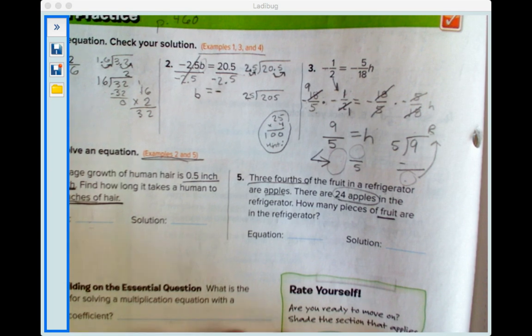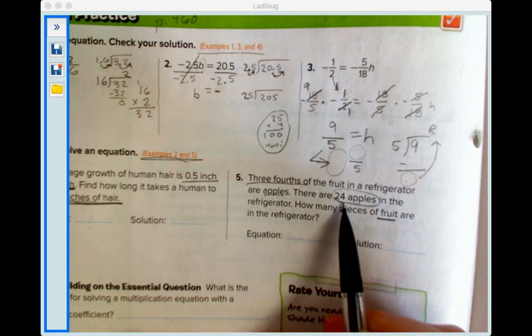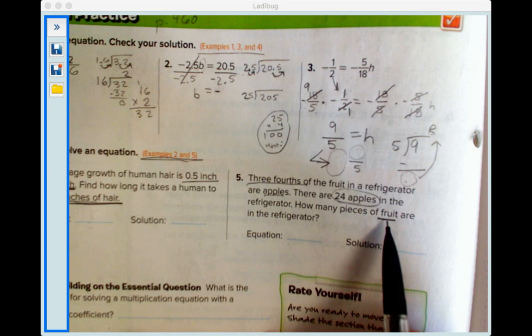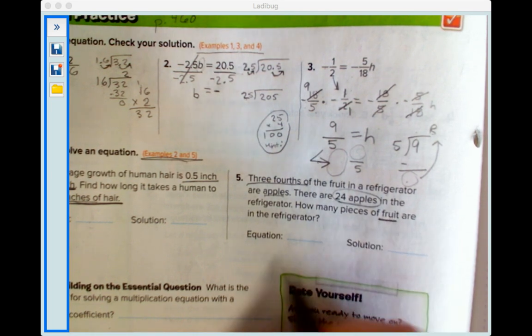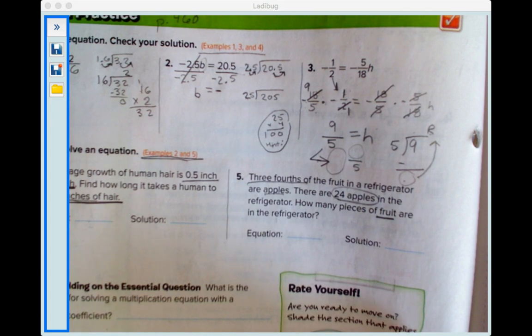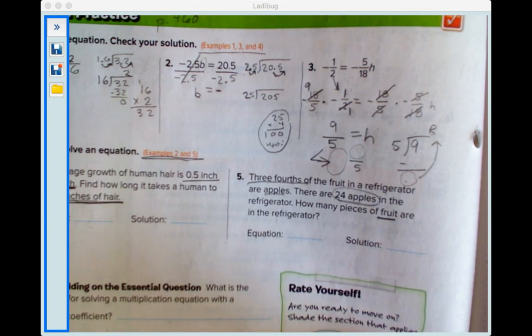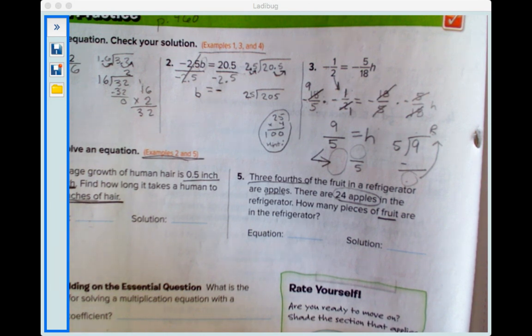So, if there is more fruit in the fridge and 3/4 of them are apples, you need to figure out what the total is.